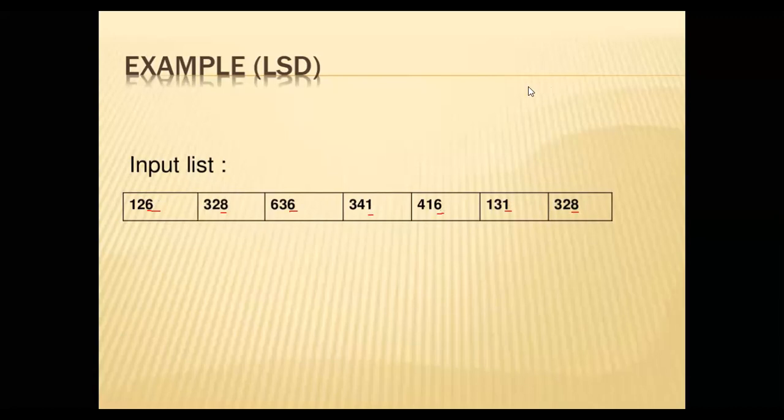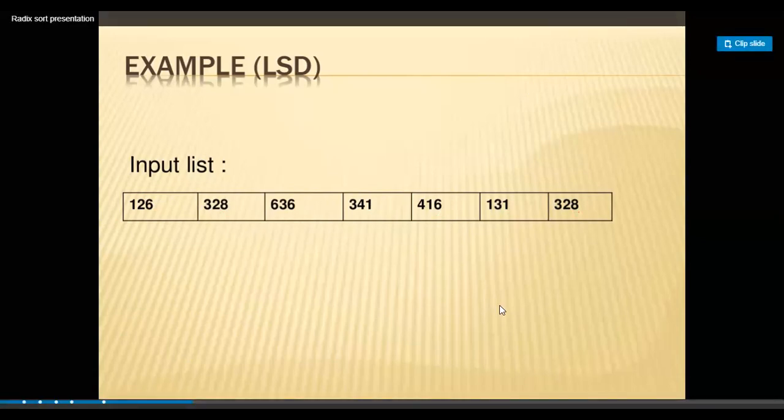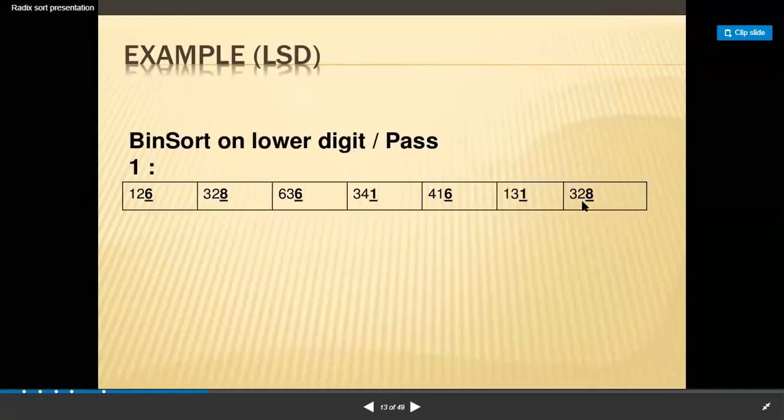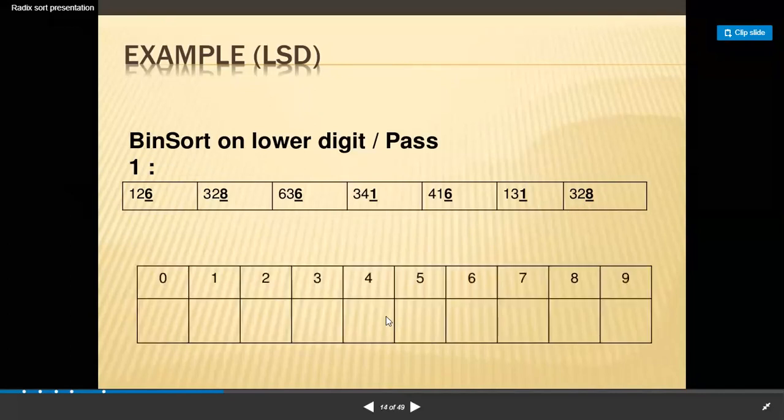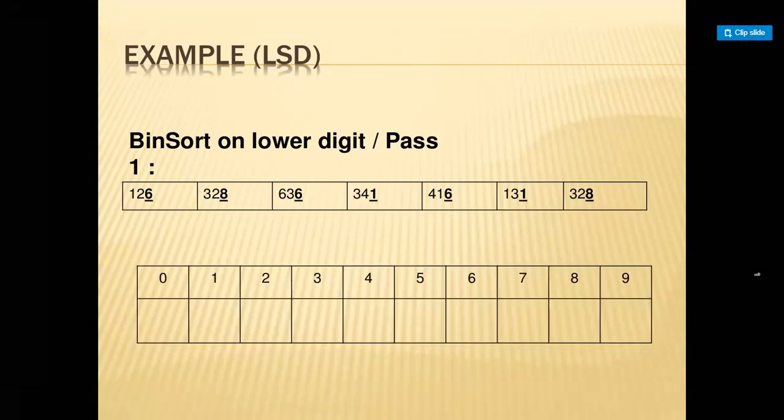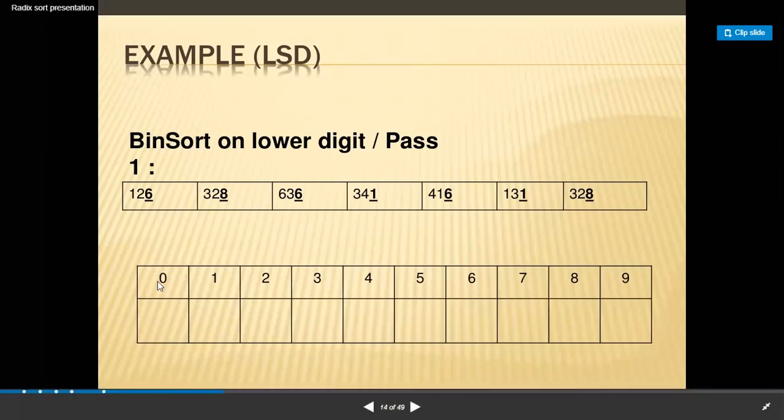So what we will do is make a group. We have marked all the last digits, and then we will make a list like this, 0 to 9. Why 0 to 9? Because in the decimal system, where the radix is 10, the possible digits are 0 to 9. There are no other digits possible.